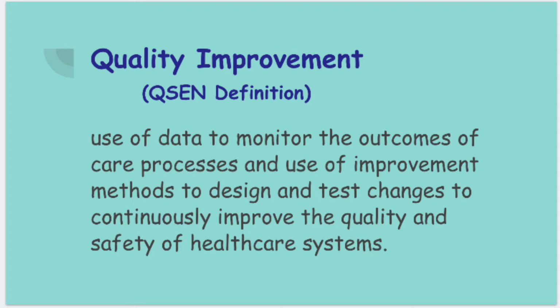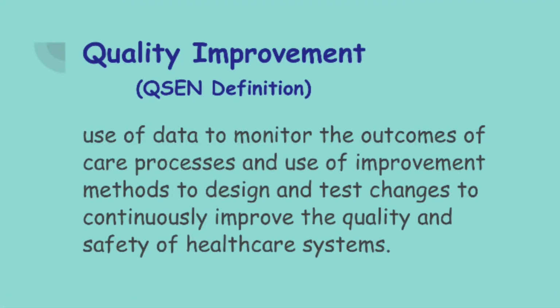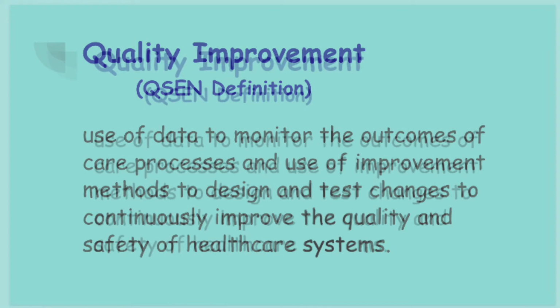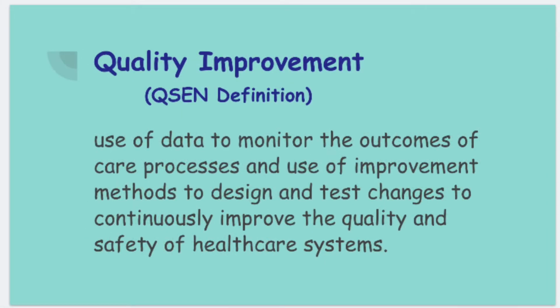Let's start by defining what is quality improvement. Quality improvement, as defined by Quality and Safety Education for Nurses, is the use of data to monitor the outcomes of care processes and use of improvement methods to design and test changes to continuously improve the quality and safety of healthcare system.